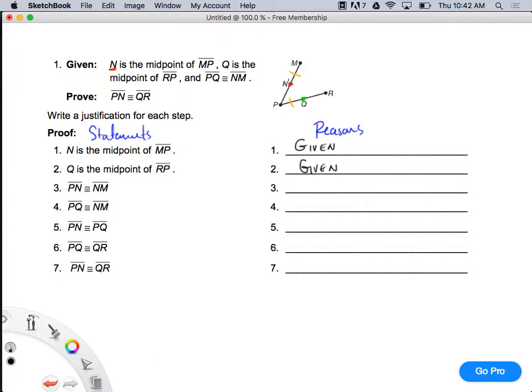Because N is the midpoint. We know that those two line segments are congruent because that's the definition of a midpoint. The definition of a midpoint says it splits a line segment into two congruent line segments.